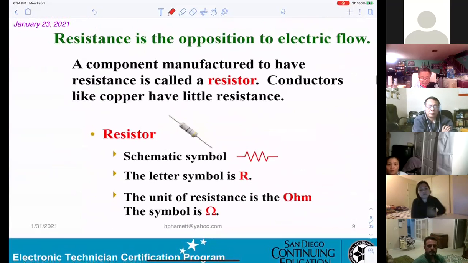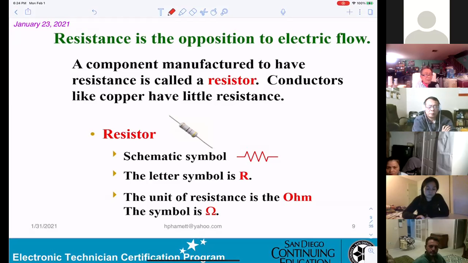Now, next we're talking about resistance. Basically, resistance is used to control the current. They say resistance is opposition to the current. The component manufactured to have a resistance is called a resistor.